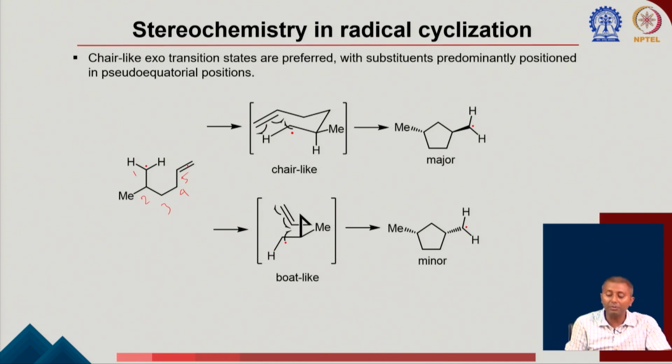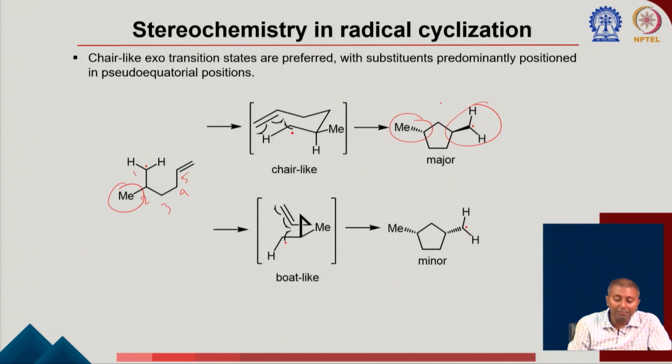So there will be two methyl groups here: a methyl at the C2 position and a methyl at the C5 position. Now, are they going to be syn or are they going to be anti? And which one will be the major one?